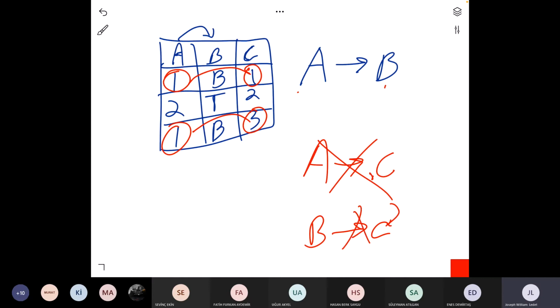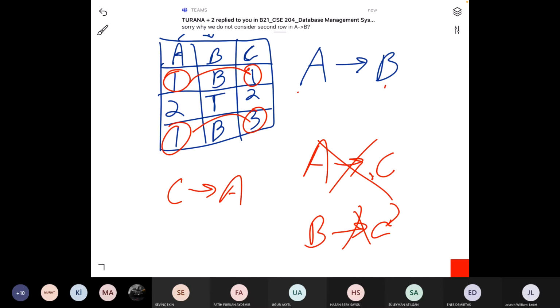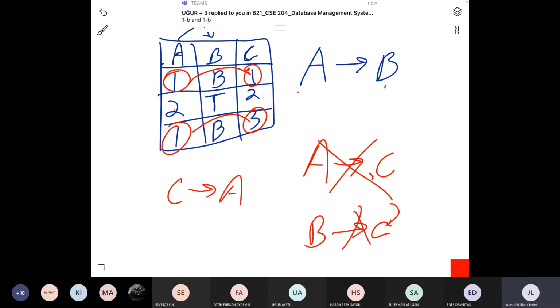Well, what about going the other way? What about C determines A? What do you think? Is that true? It is true that 2 gives me a different value, but because there's no other row down here, we don't know that for sure.